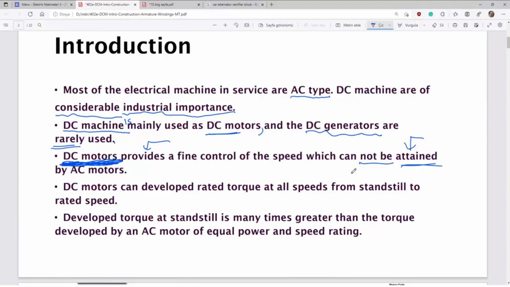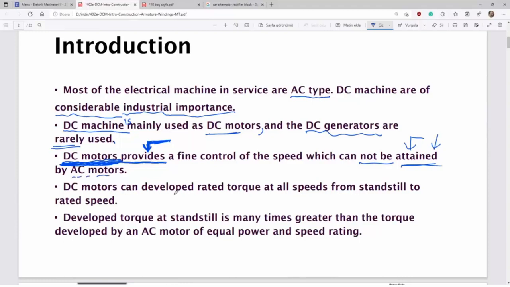It is difficult to manage speed control so easily, so cheaply. That is a much greater advantage in speed control. It is easy to manage speed control, and the implementation is easier. For example, by using only a single rheostat, you can manage speed control precisely, but you cannot in AC motors.